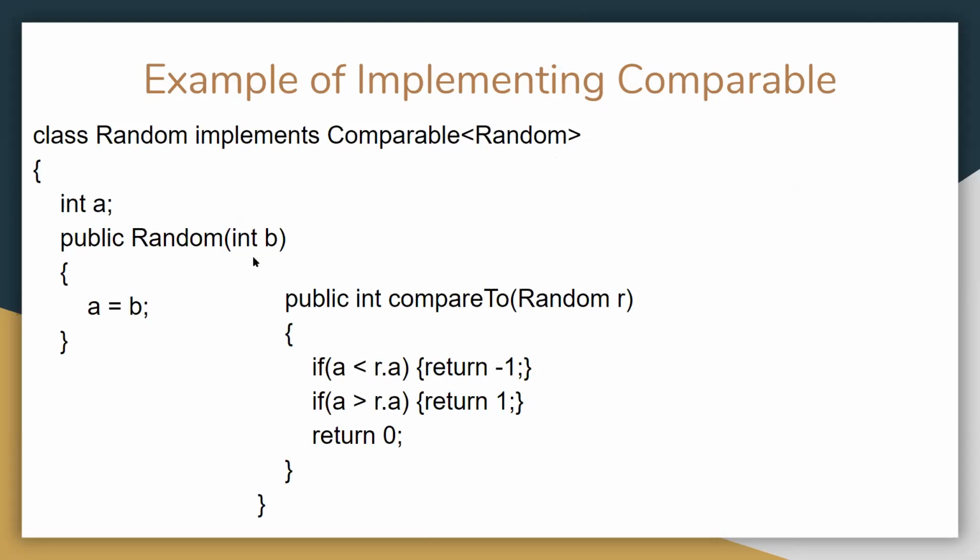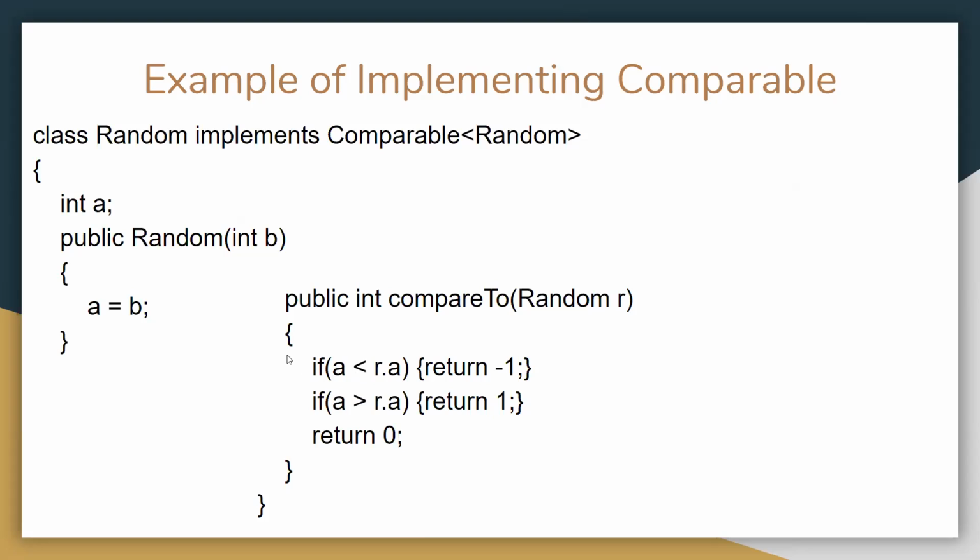Then you do int a, setting an instance variable. And this is an example of a compareTo method. One of the specific things you have to put in the parameters is an object of Random, since you want to compare it to something, right? So you have to pass in something. This returns an integer, and you can see here that we have some weird stuff if you've never seen this before. But what it's saying is that we're testing different things to make an order.